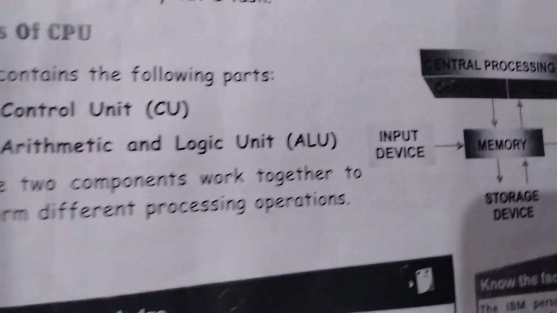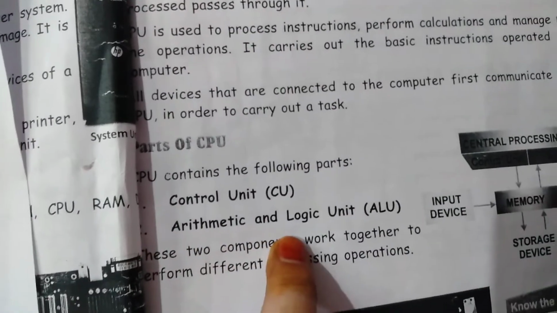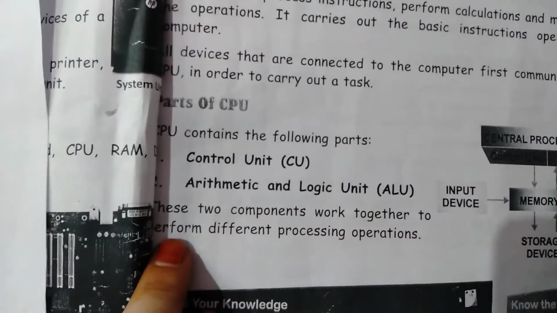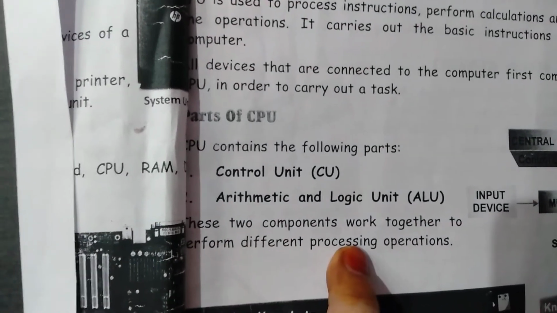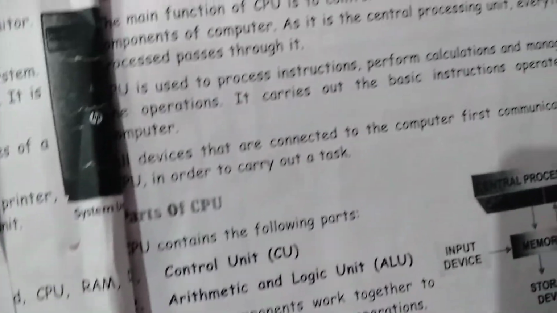Understood? CPU contains the following parts: control unit and arithmetic logic unit. Control unit is called CU and arithmetic and logic unit is called ALU. These two components work together to perform different processing operations.